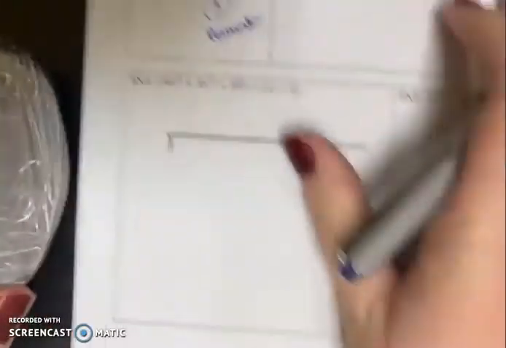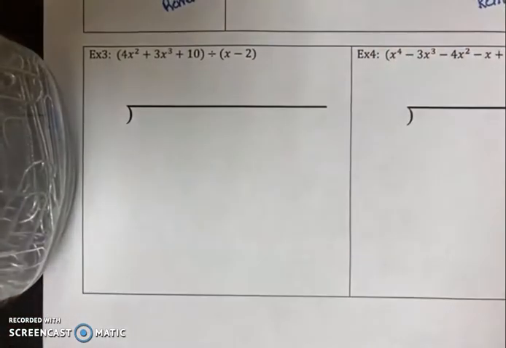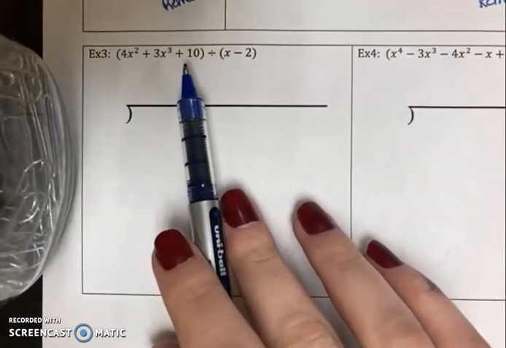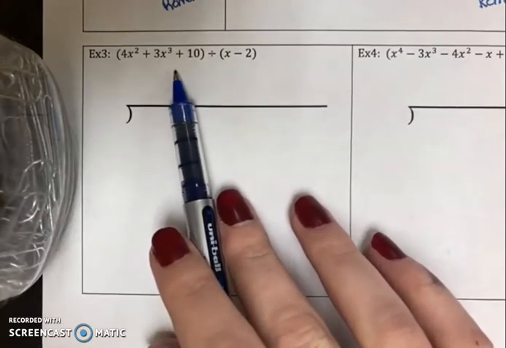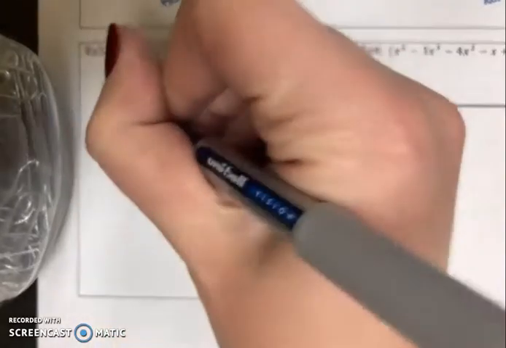Example 3. We need to set up our division problem with standard form. So if you take a look at example 3, we see that this is not written in standard form. The 3x cubed should have come first.